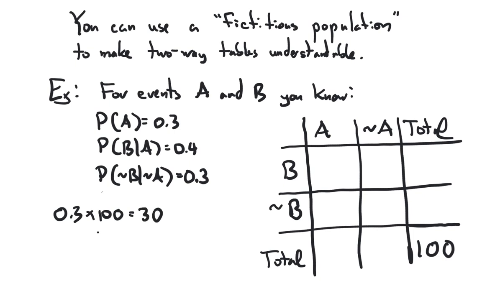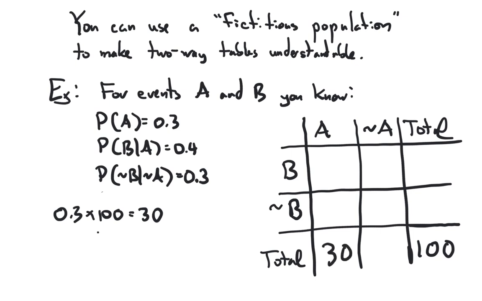So if there's an event A which has a probability of 0.3 of happening, and I have 100 people or 100 objects in my population, I would expect that 30 of those would satisfy being in event A, since it has a probability individually of 0.3. So I would expect 30 in here.